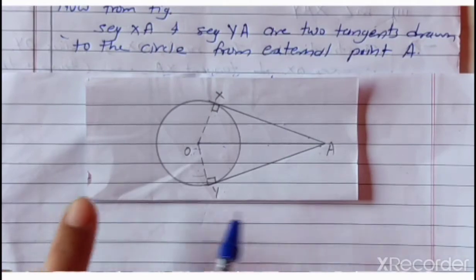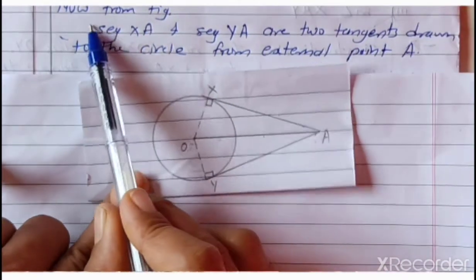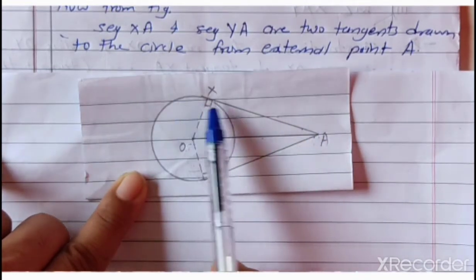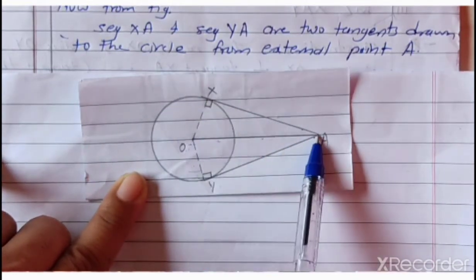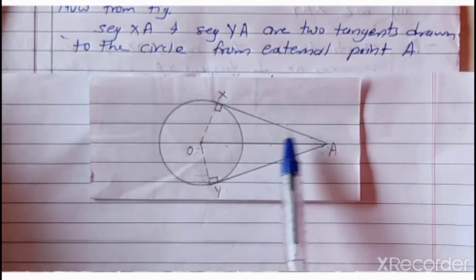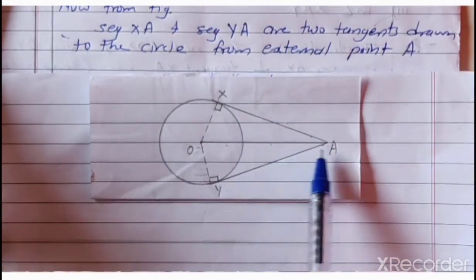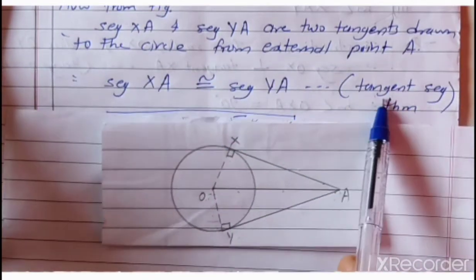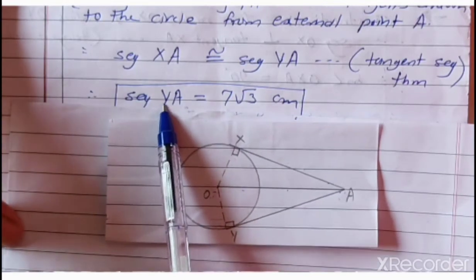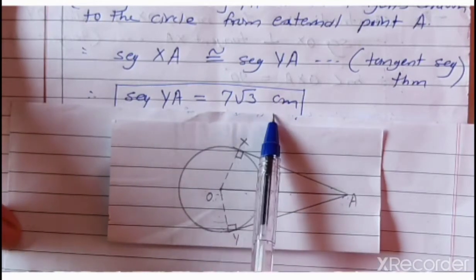Let us find out the length of YA. You know that from this figure, XA and YA are two tangents drawn to the circle from external point A. So by using the tangent segment theorem, XA and YA are congruent. So segment YA is 7 root 3 centimeter.